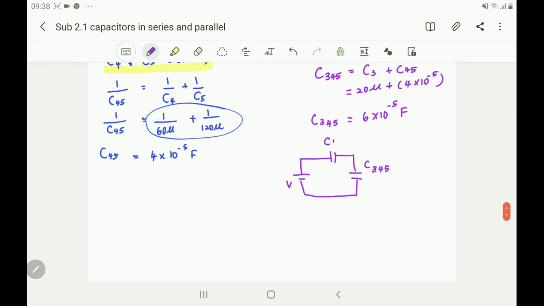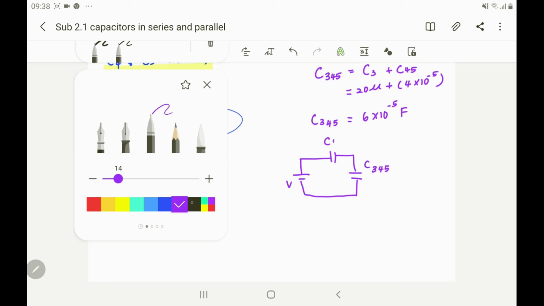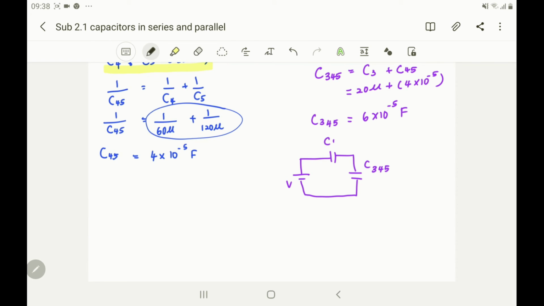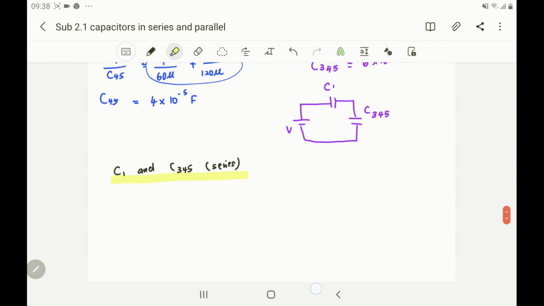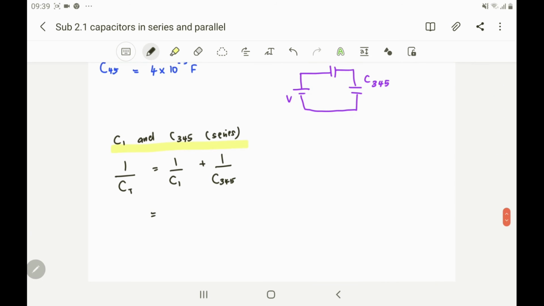Now C total or C equivalent, because C1 and C345 are in series, so 1 over C total is equal to 1 over C1 plus 1 over C345. So we can substitute where C1 is equal to 120 micro.